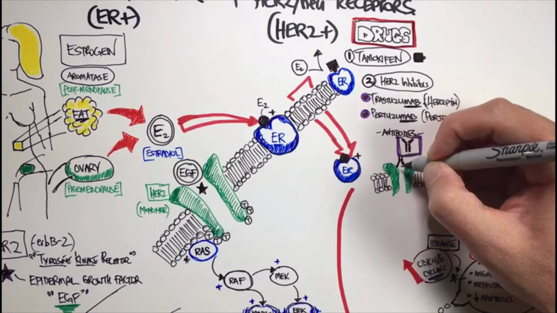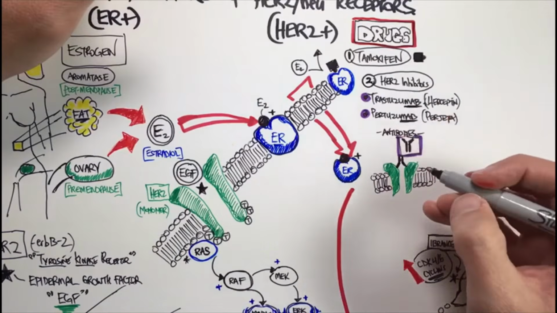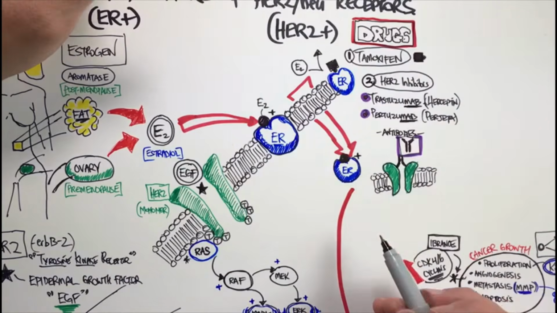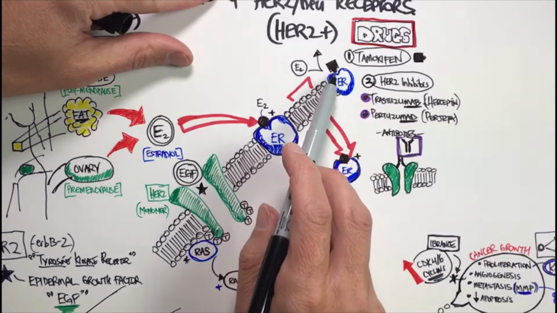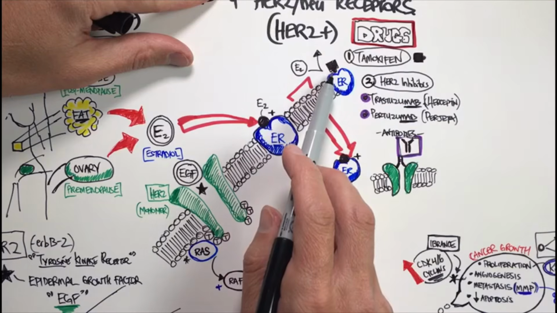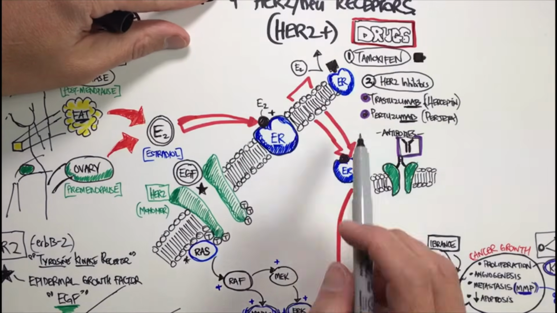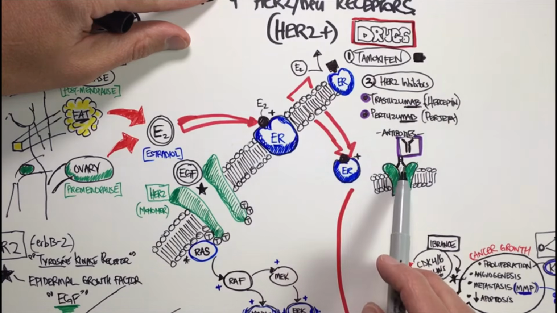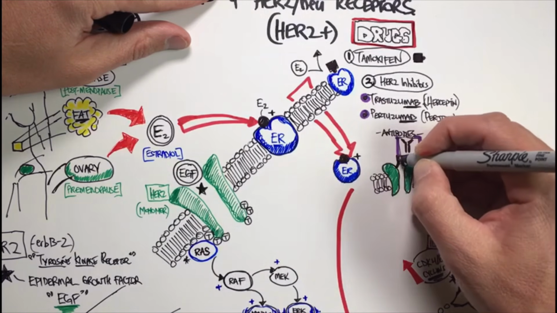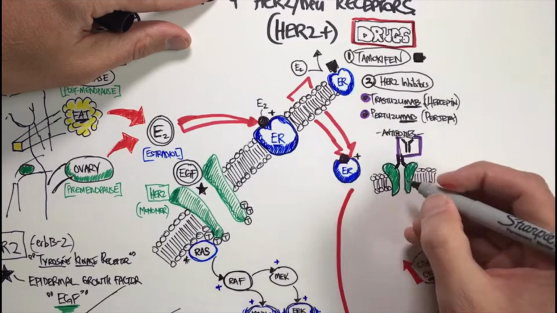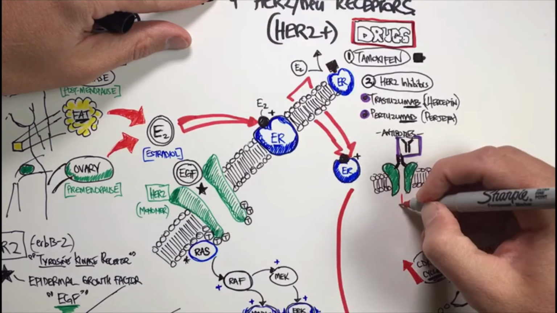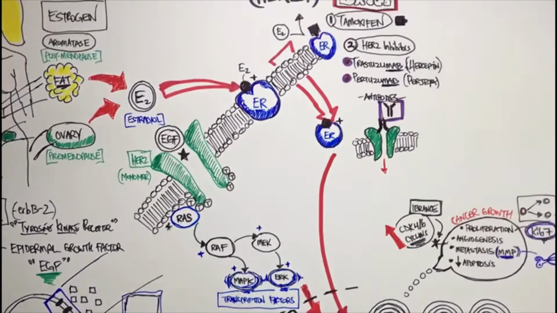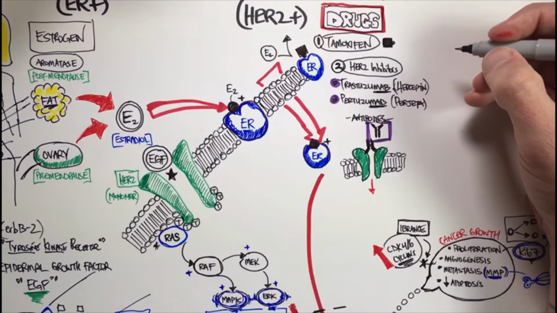So again, it's blocking the ability for epidermal growth factor to dock onto the HER2 receptors, and therefore, just like the tamoxifen did with the estrogen, the downstream signaling that we see from a stimulated receptor does not happen. So this downstream intracellular signaling from RAS down to RAF, down to the transcription factors, MAP kinase and ERK, that's blocked, okay?